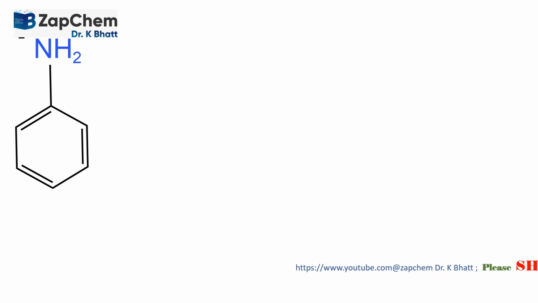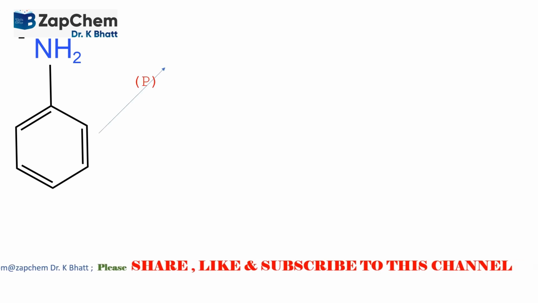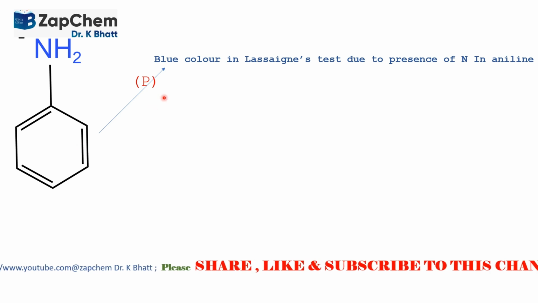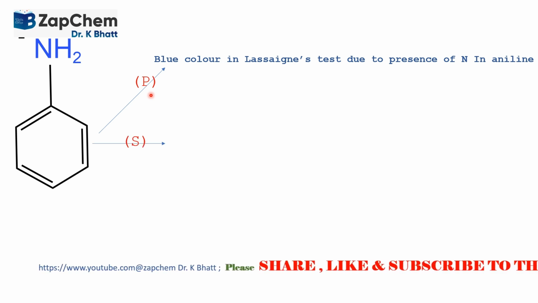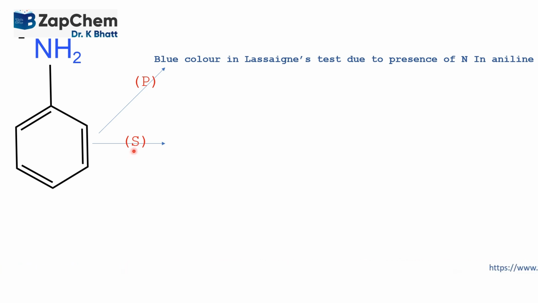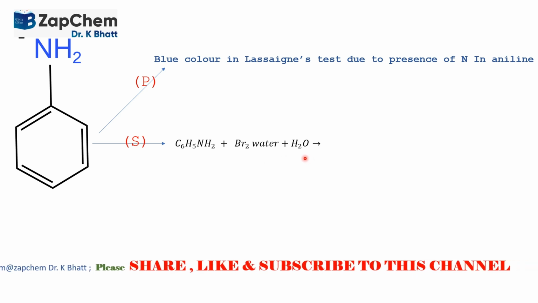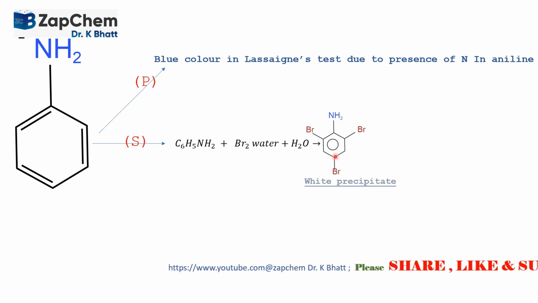Here is aniline. Well-known structure of aniline is C6H5NH2. Now aniline, as I have already told you, gives a blue color in Lassaigne's test due to presence of nitrogen in aniline, and therefore it matches with the list given at P. Not only this, aniline undergoes a reaction with bromine water also, which is listed in list 2 at option S. Aniline reacts with bromine water and gives a white precipitate like this.